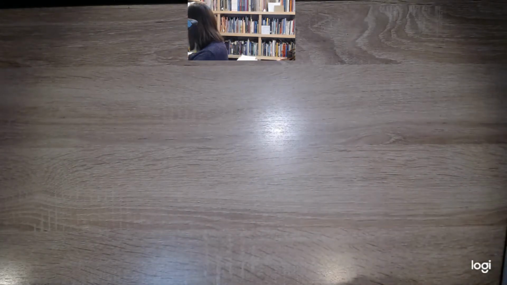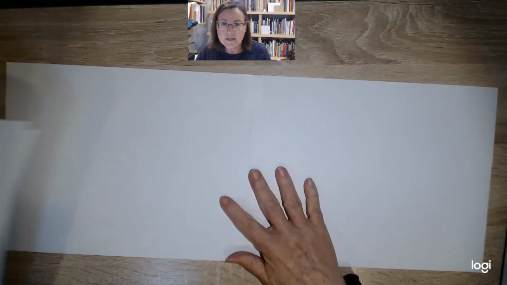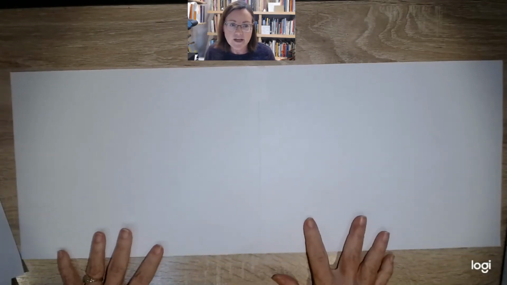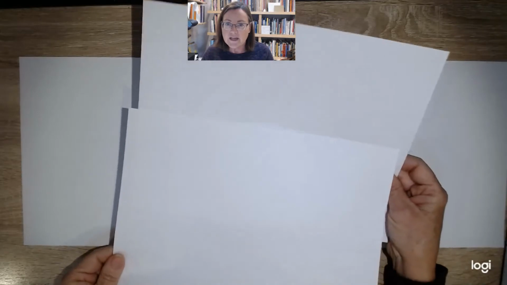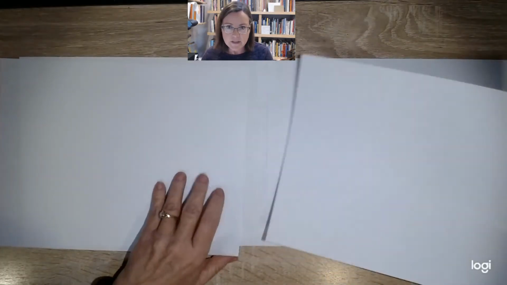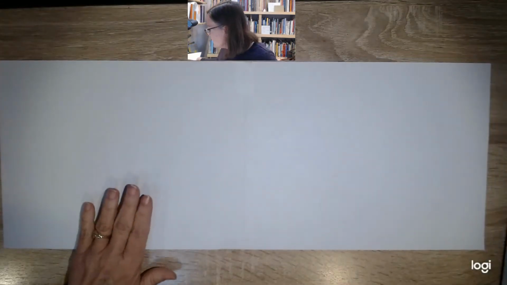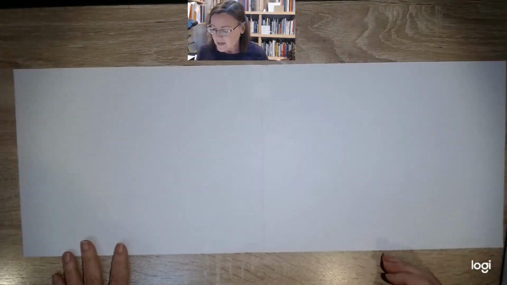Okay, part 2 is to take this template that, if you were in class, I went ahead and provided for you. All I've done here is I've taken 2 8.5 by 11 sheets of paper and taped them together to form myself a nice long sheet, it's 8.5 by 22, right?